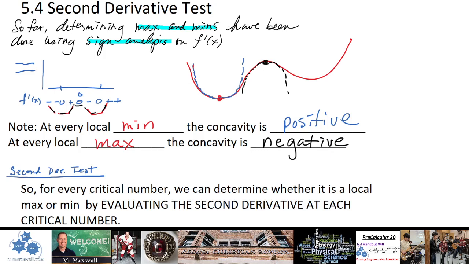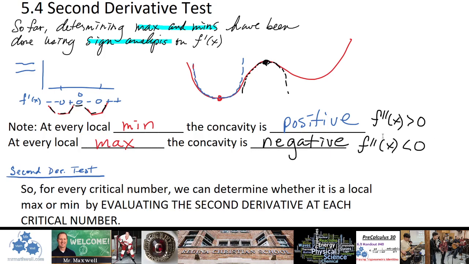A local maximum is locally concave down. So what's positive concavity? Well, that's a second derivative that's greater than 0. It opens up. And concavity is negative when your second derivative is less than 0.